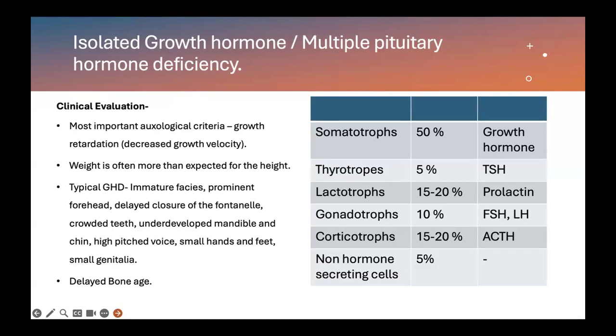A high-pitched voice is also present in these children. Small genitalia is also a clinical feature that can point towards either growth hormone or multiple pituitary hormone deficiency. On radiological evaluation, another important indicator is a delayed bone age, suggesting an underlying endocrine issue.